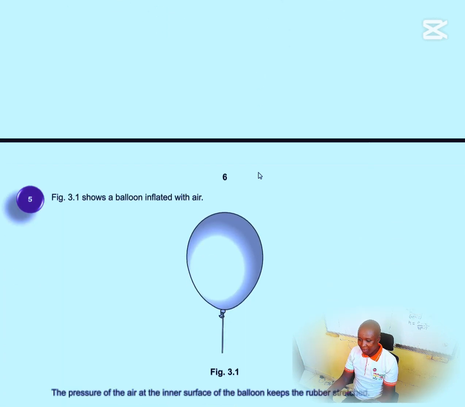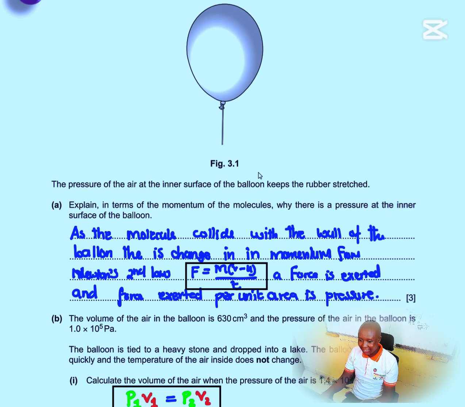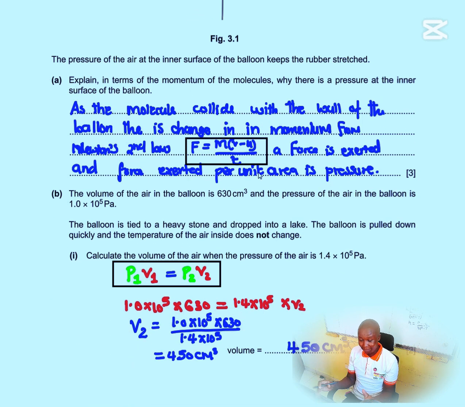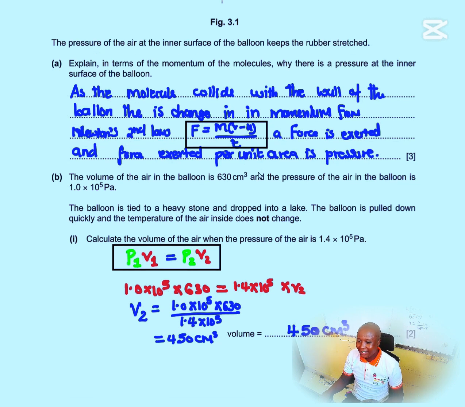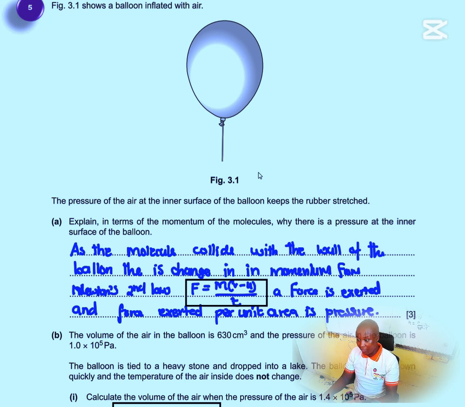All right, moving down to question number 5, let's see the kind of question that was asked. Again, it is a question from pressure, but a different concept. It seems like it's coming from pressure, but different questions are being approached there. The question says we have a balloon inflated with air, meaning we have air particles dancing there.